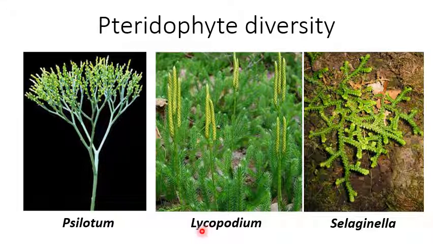Another example is Lycopodium, where branching is monopodial, and here you can see the strobilus or cones. Another example is Selaginella, where again the branching is monopodial, but here they are always bifurcated, and that is called dichotomy. So Psilotum, Lycopodium, Selaginella. These are the most primitive pteridophytes, and then evolution started.